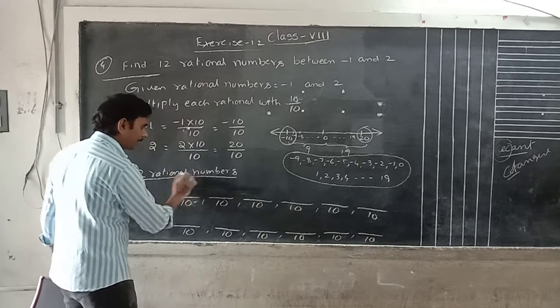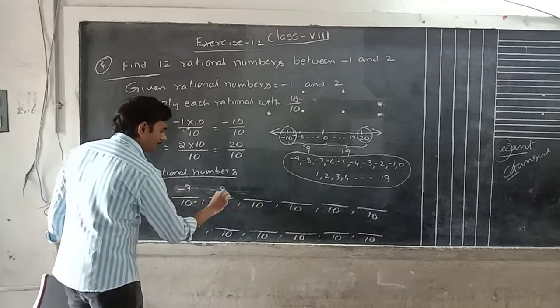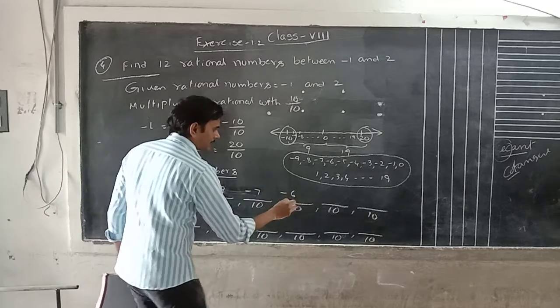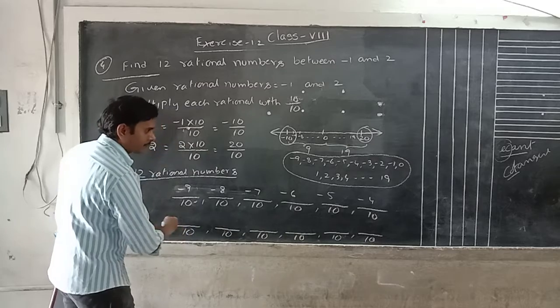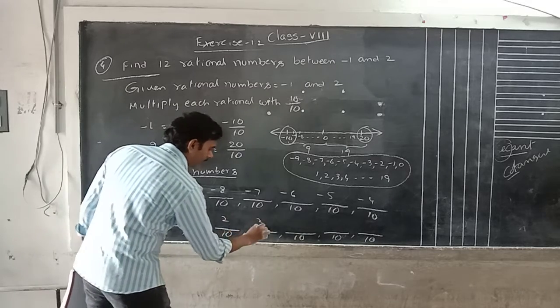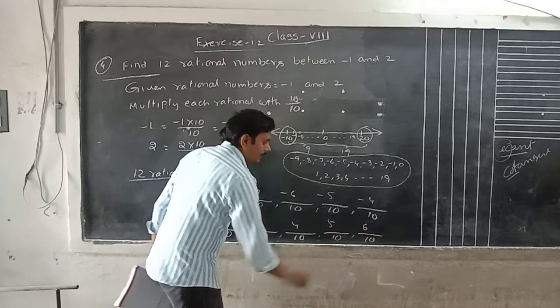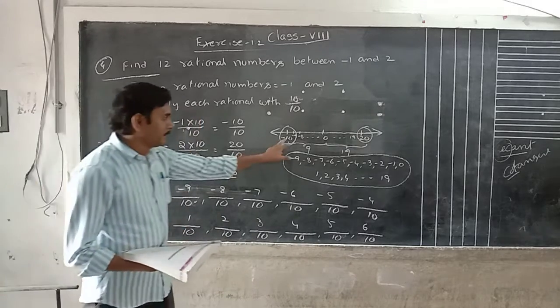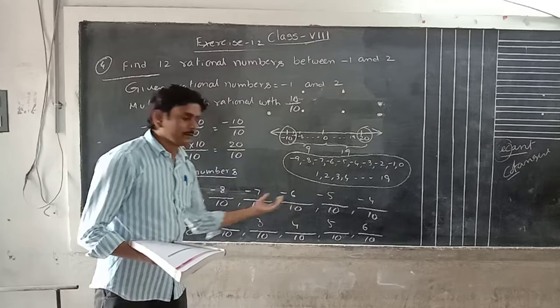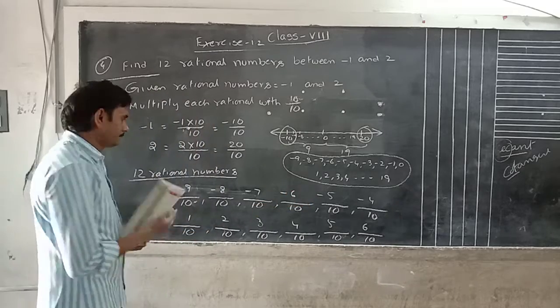First numbers I am writing: 1, 2, 3, 4, 5, 6. These are the between numbers, and those numbers are written as numerators. That is the answer.